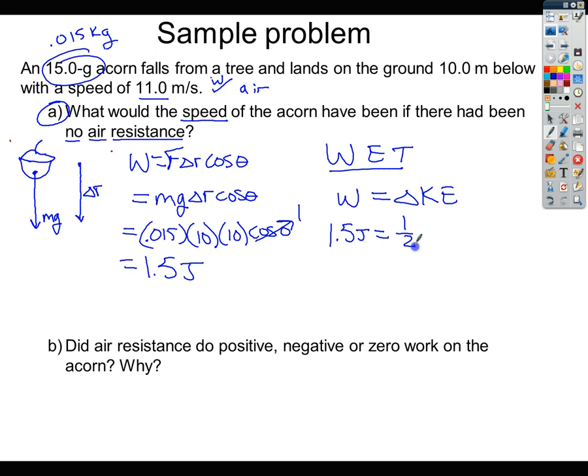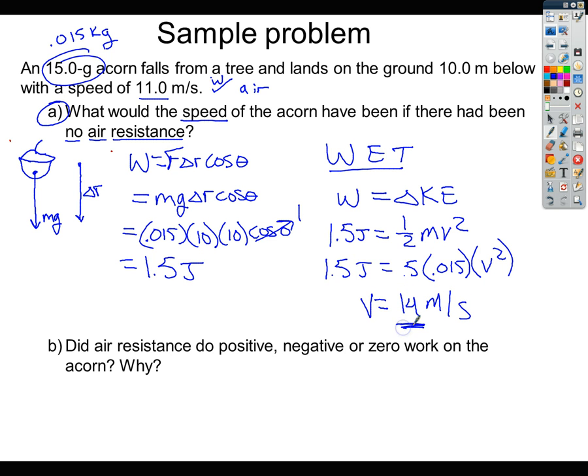Kinetic energy is 1/2 mv squared. So 1.5 joules is equal to 0.5 times the mass, which we said was 0.015, times the speed squared. We can rearrange everything and solve for v. V should be equal to 14 meters per second.